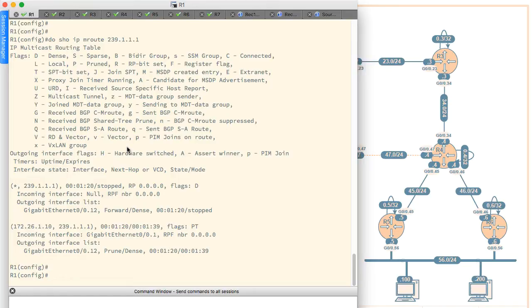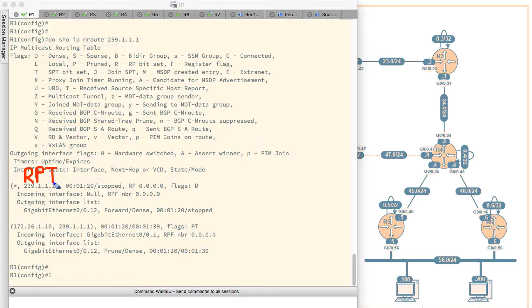If we go back to the lectures on the multicast routing protocol, star,G, or any source multicast, is really a shared tree. This is what PIM calls the rendezvous point tree, or shared tree. A shared tree should not really exist in dense mode.